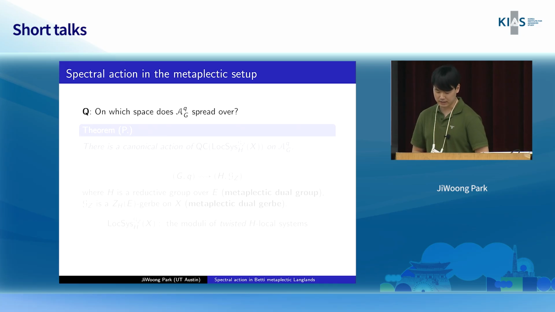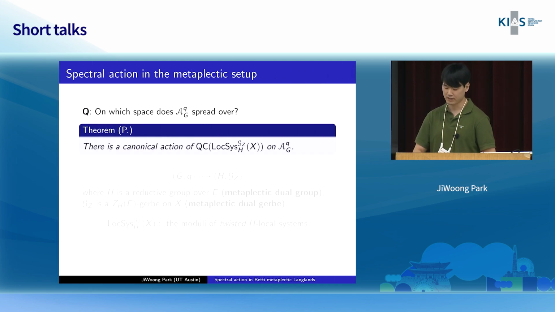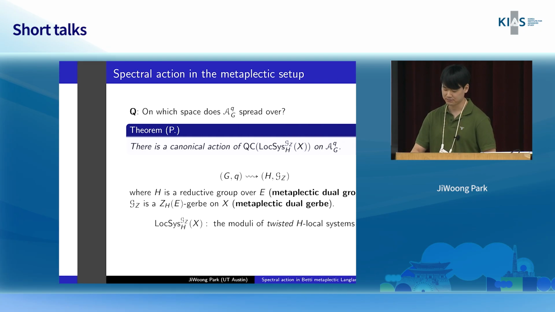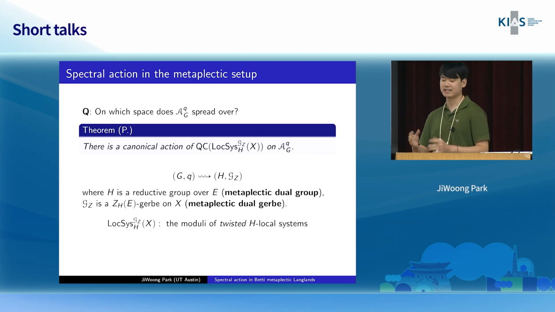So we had the following question: on which space does the category spread over? And the result I want to introduce today is that there is a canonical action of quasi-coherent sheaves over a certain stack on this category A_Q^G. What is this stack? From the data of the group G and the parameter Q, you extract two data.